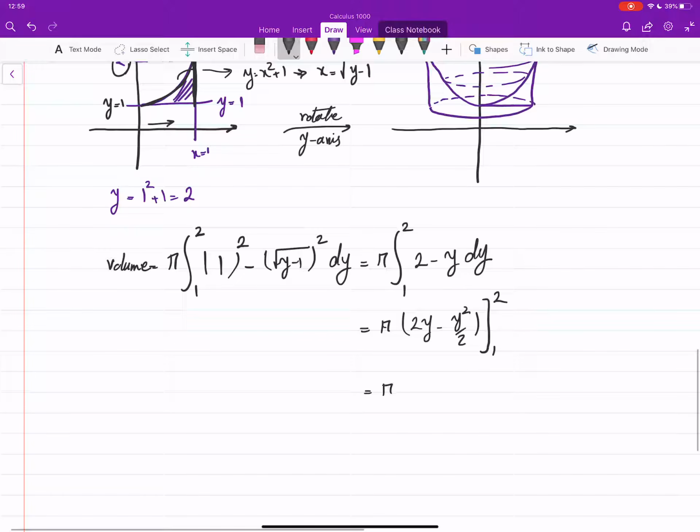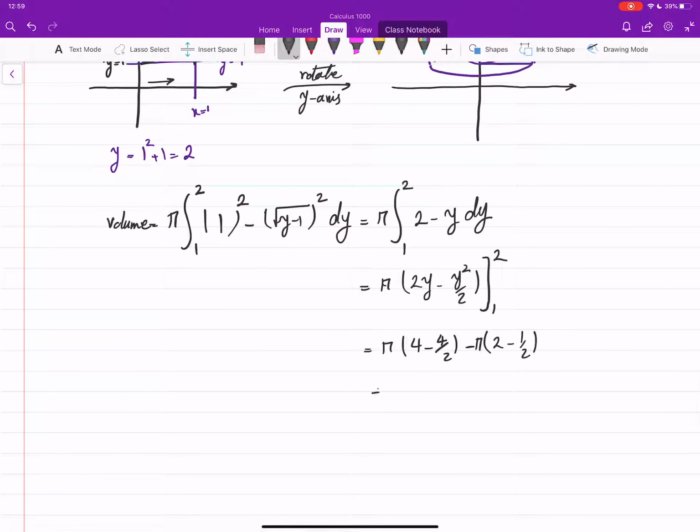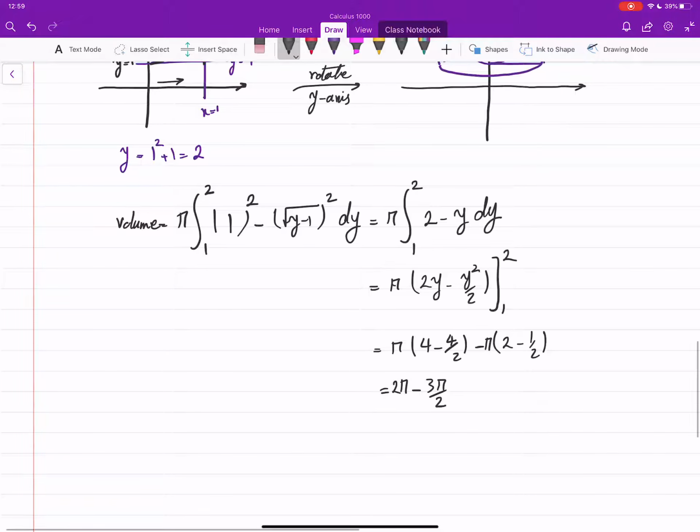And this will give us 4 minus 4 over 2, minus pi times 2 minus 1 over 2. This will give us 2 pi minus the other one, which is 3 pi over 2, which will give us pi over 2.